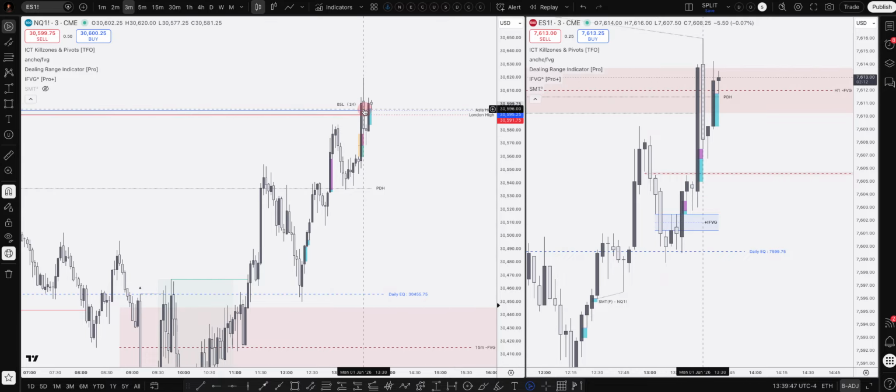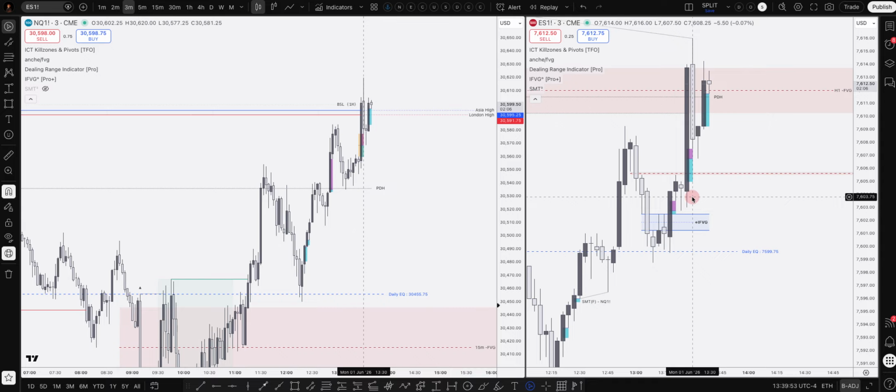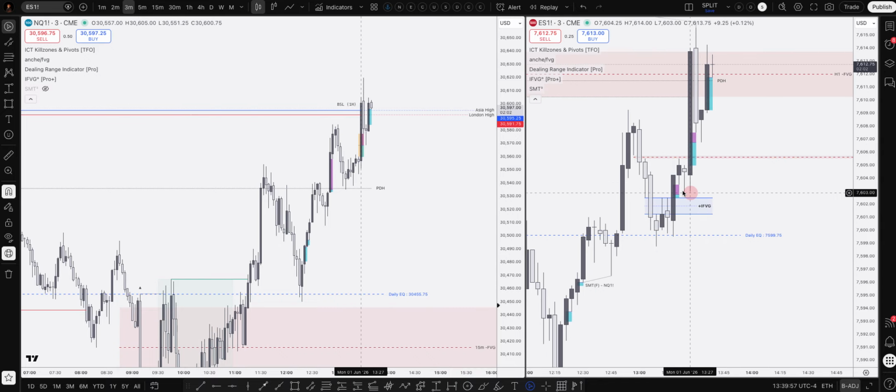It didn't sweep those highs yet. So it's a risk you've got to take, right? But at least you know where your invalidation is. If price starts to close back inside of the IFVG, below the bullish FVG right here, you know where your invalidation is, right? And you always go up to breakeven in those situations.